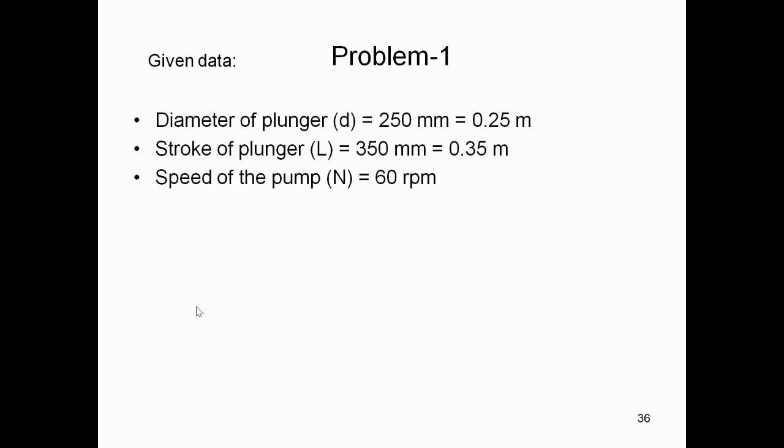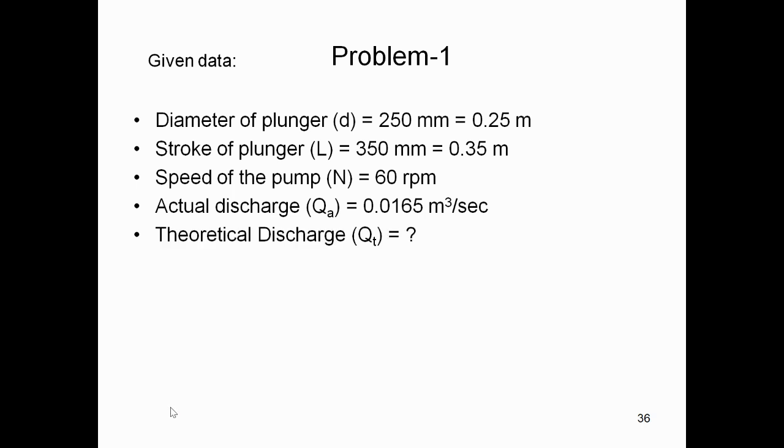The speed of the pump N is given as 60 revolutions per minute. The actual discharge Qa is 0.0165 meter cube per second. These are the given values. You have to find the theoretical discharge Qt, the coefficient of discharge Cd, and also the slip.